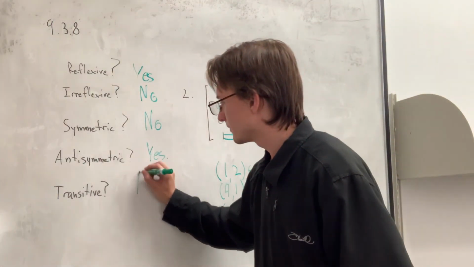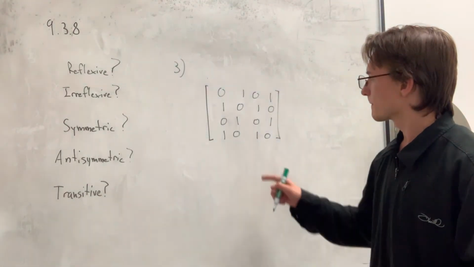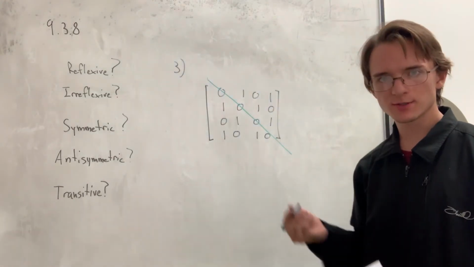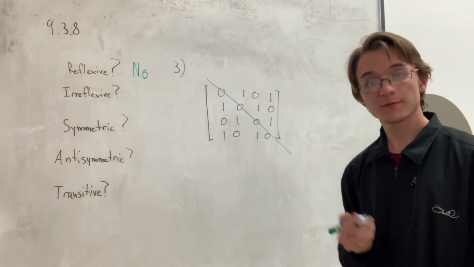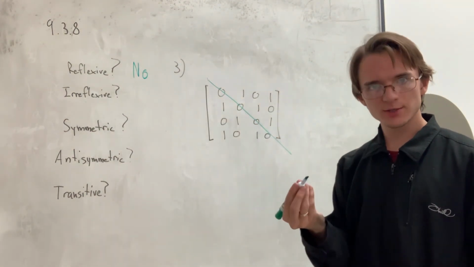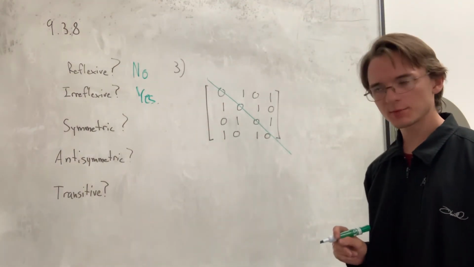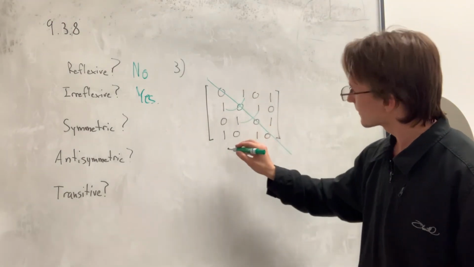So, no. All right, so looking at this one, is it reflexive? Well, the diagonals are all zeros, so no, it is not reflexive. Is it irreflexive? For the same reason, all of the diagonals are zeros, so it is irreflexive. Symmetry? Well, let's see. 1, 1.